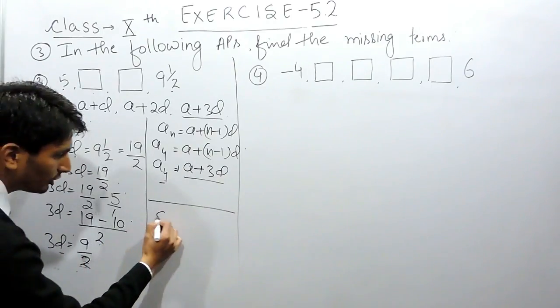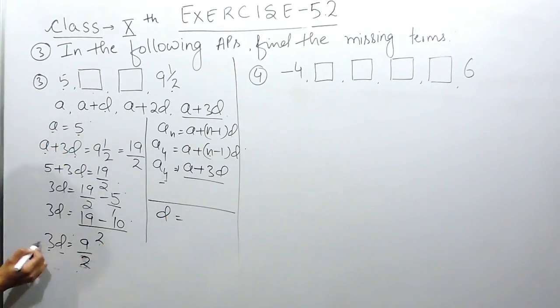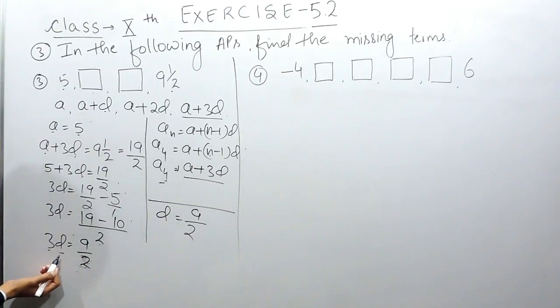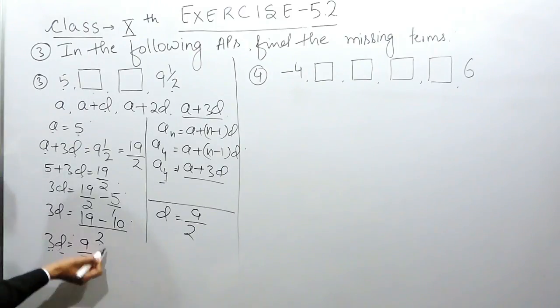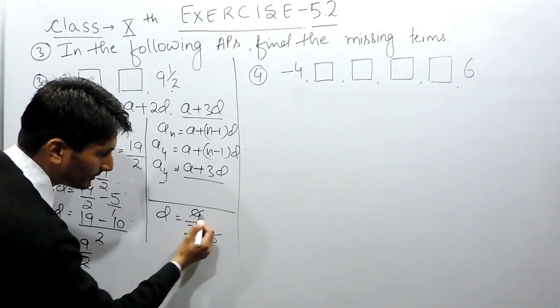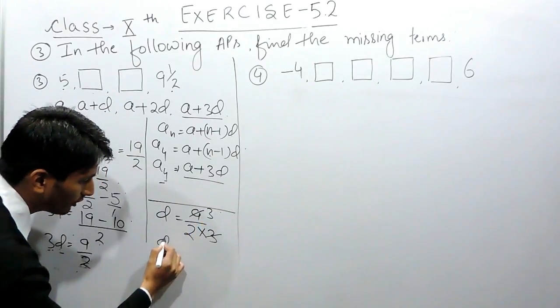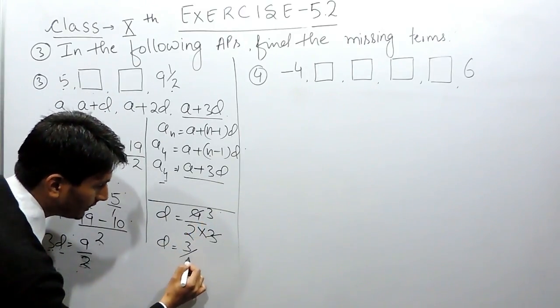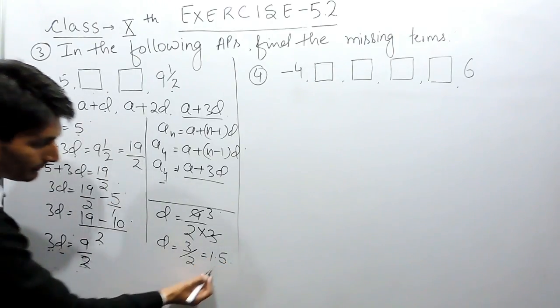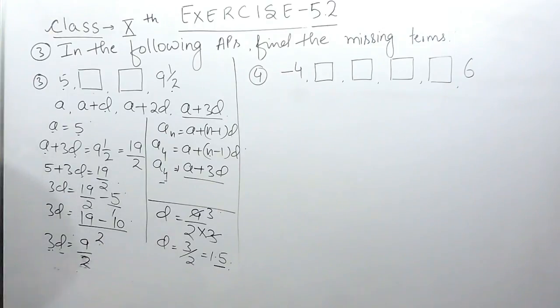Now you have to find the value of D, so you have to shift this 3 to that side. Here 3 is multiplying D, so shifting to that side it should divide. So the value of D here is 3 by 2, or you can say this is 1.5, which means the common difference is 1.5.